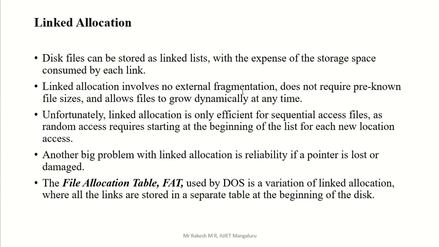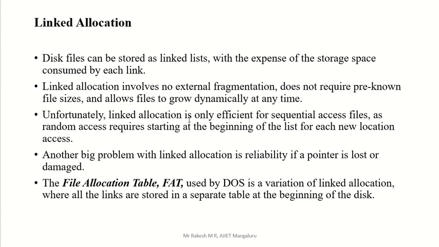In the previous, we had external and internal fragmentation. In order to avoid that, we have linked allocation. Here, there is no external fragmentation, it does not require a pre-known file size, and it allows files to grow dynamically at any time. Here we don't have any disadvantage. That means the previous disadvantage is avoided here.